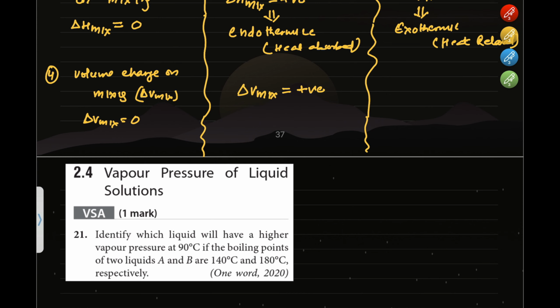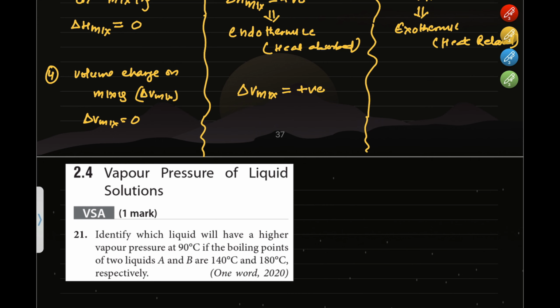This is because after mixing the solute in the solvent, the molecular interaction between the solute and the solvent is weaker. When the interaction is weaker, the molecules are far away. They occupy more volume. That's why the volume change on mixing increases in case of positive deviation.